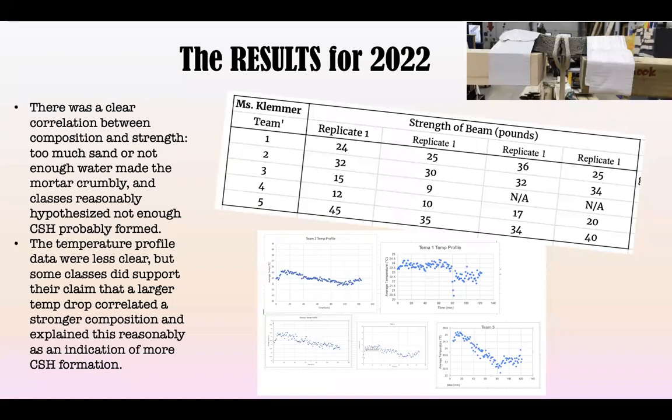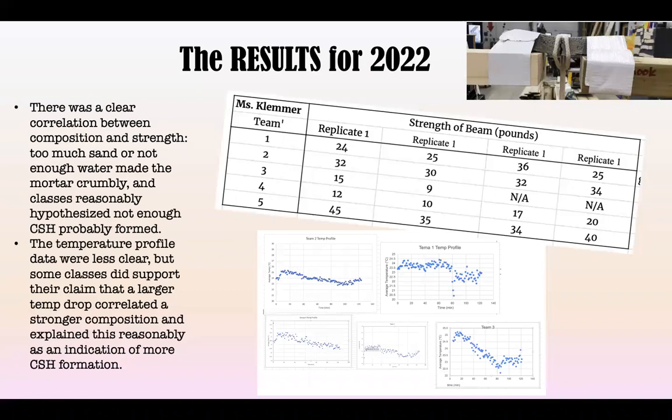And what all 4 chemistry classes realized is that too much sand and not enough water are bad things, right? All the classes realized that if you have too much sand and not enough water, then there's no way the water can get in between the spaces and start the reactions. You just don't get enough of the CSH crystals forming.